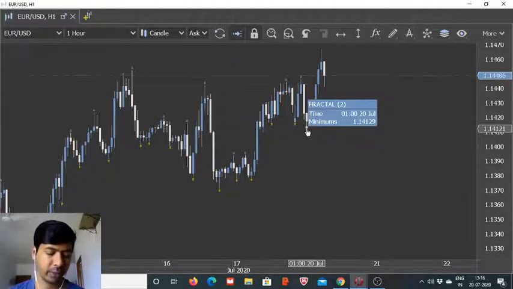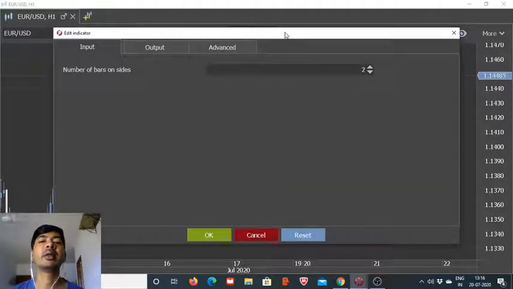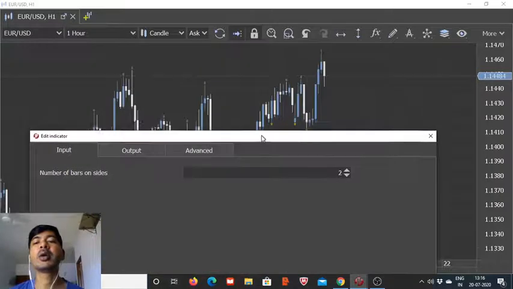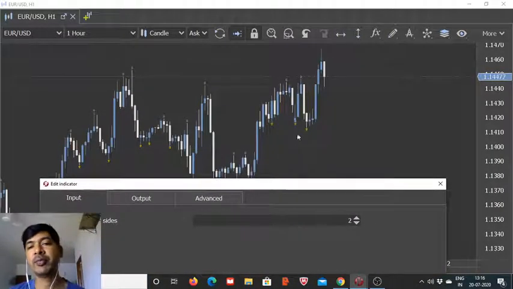Now let us go into the technicalities, how we can customize this indicator. Suppose we want the number of bars to be different. Now we are taking under consideration this formation whenever the prior two bars and then the successive two bars satisfy our criterion.